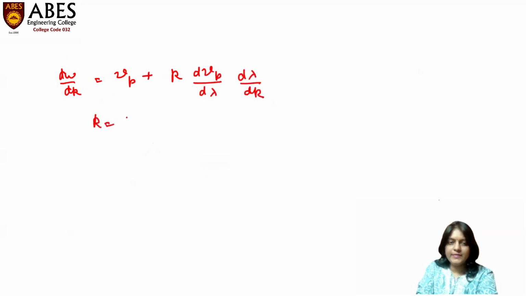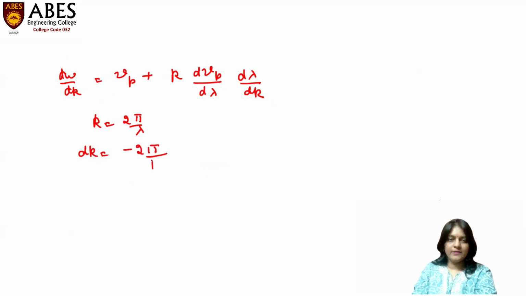We know that k is equal to 2 pi by lambda, and dk is equal to minus 2 pi by lambda square into d lambda. Differentiate this k with respect to lambda, it becomes dk by d lambda equal to minus 2 pi by lambda square.